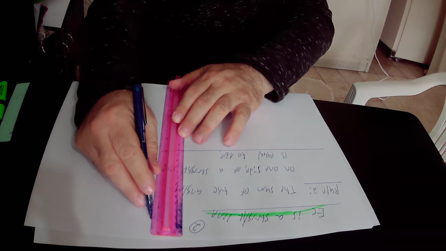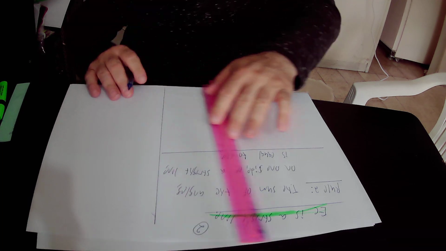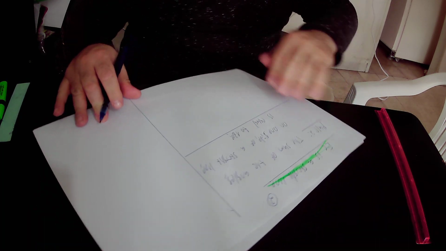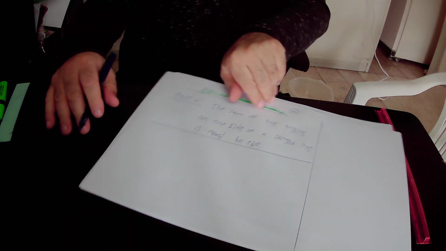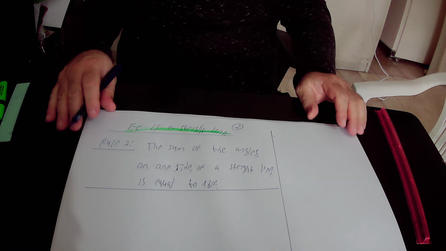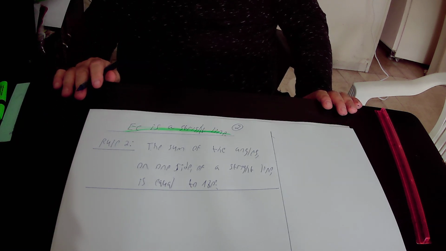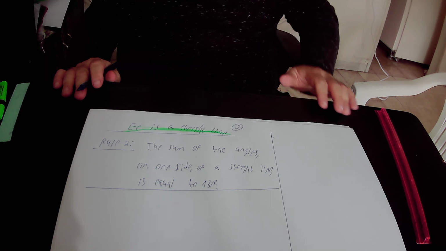So I repeat rule number 2 again. According to rule number 2, the sum of the angles on one side of a straight line is equal to 180 degrees.